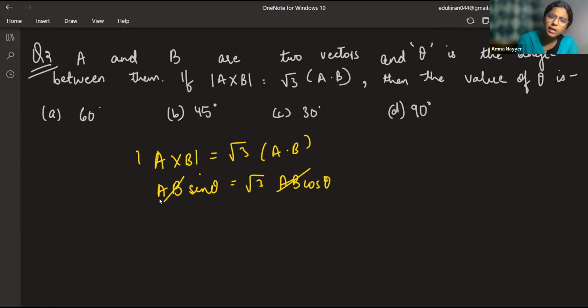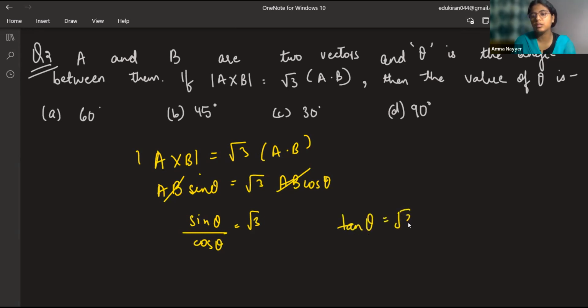Directly AB magnitude gets cancelled. Sine theta divided by cos theta is equal to root 3. Yes, so this will become tan theta equal to root 3. One single value you have, 60 degrees. So theta will be equal to 60 degrees. So that is the correct option, A.